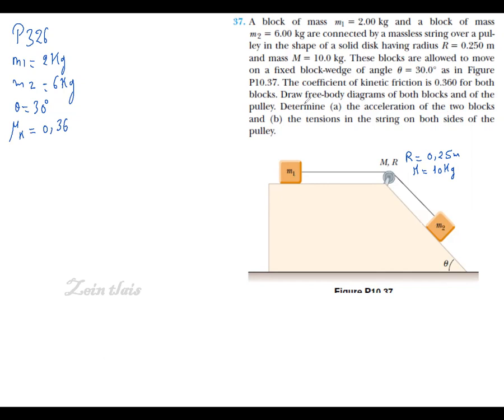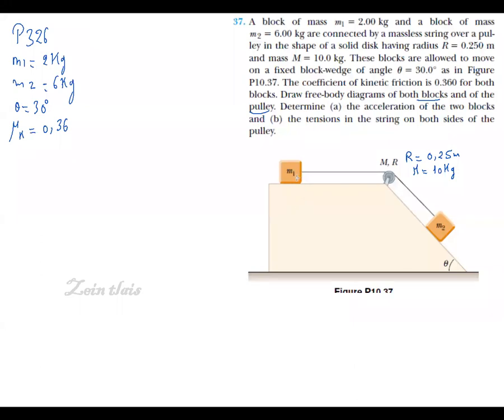First of all, draw the free body diagrams. You have to put all the forces applied on M1, M2, and the pulley. We have two blocks and the pulley. Let's draw here before M1.